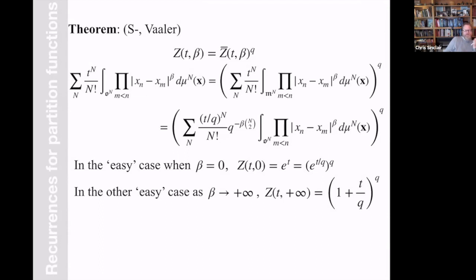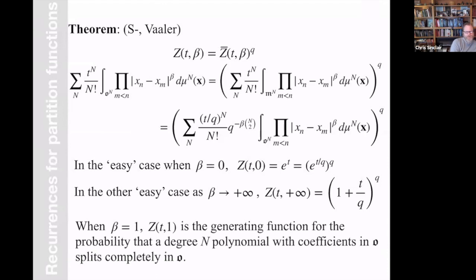And what you essentially find is that the partition function, the integral over the maximal ideal, becomes 1 plus t. And then the partition function, when you integrate over the entire ring of integers, is 1 plus t over q to the q. So it satisfies the q power law here as well. So you can at least verify in these two easy cases that indeed you satisfy the q power law, but it's true in general.